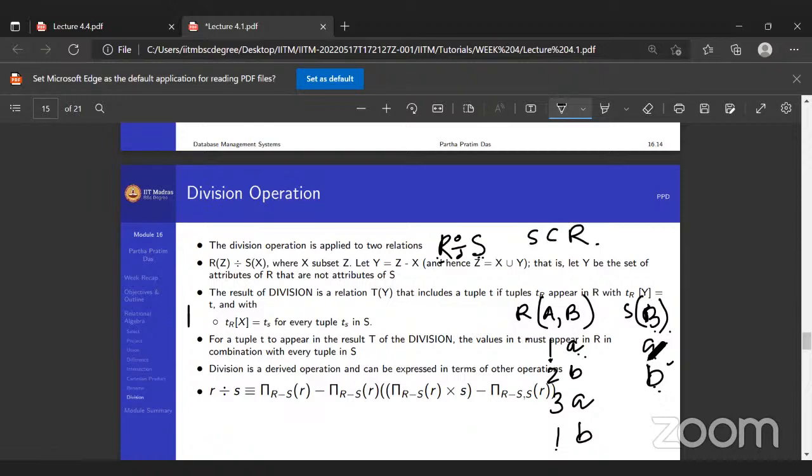So now can anyone answer: find the student ID who takes all the courses? The answer will be 1, right?